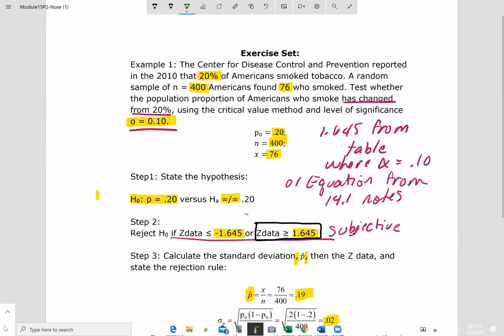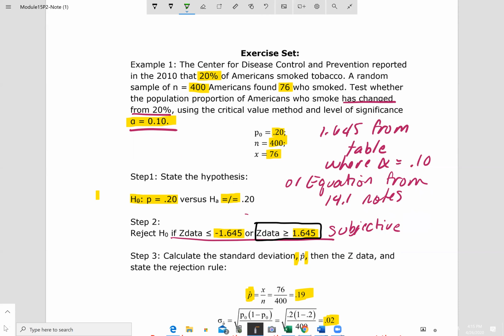If you look towards the bottom of the screen, we found p hat, which was 76 divided by 400, to be 0.19. So we're trying to decide, do we think that the number the Center for Disease Control and Prevention came up with is correct? We're checking it with a sample of Americans, and our sample found 0.19. The math we are going to use will give you a good way to say yes, they were correct, or no, they were not correct.